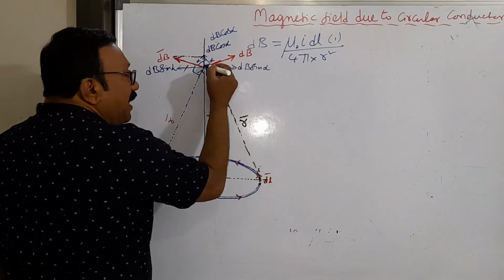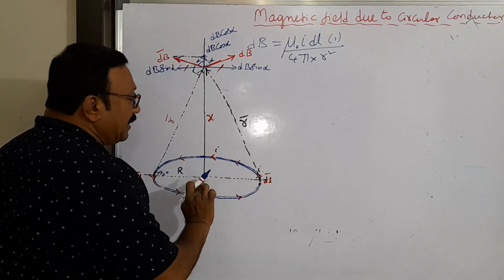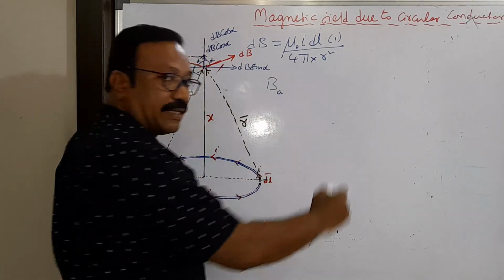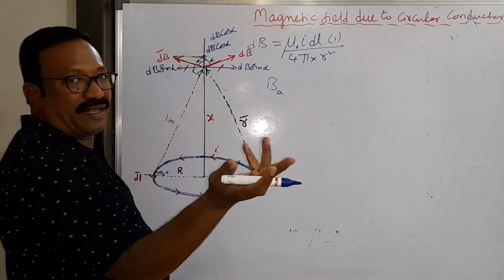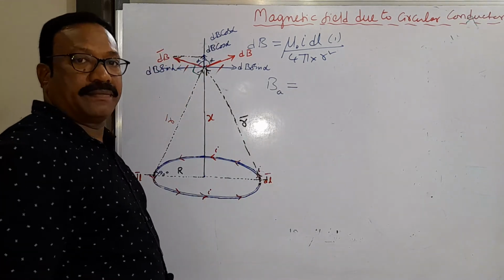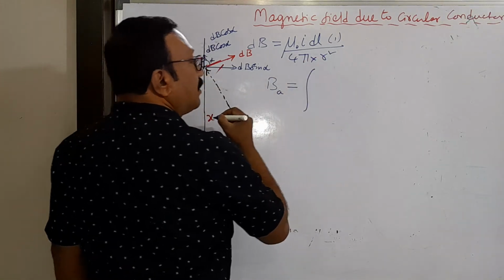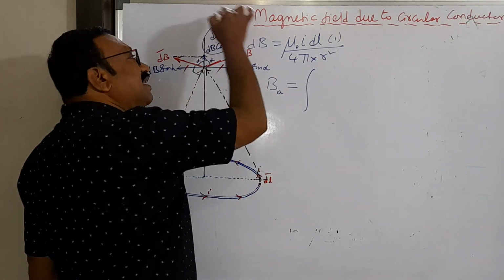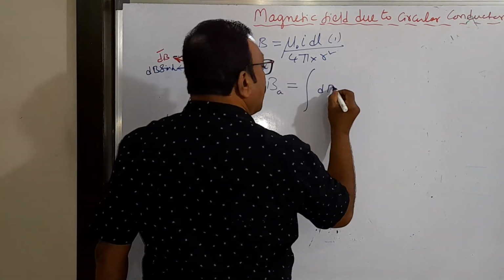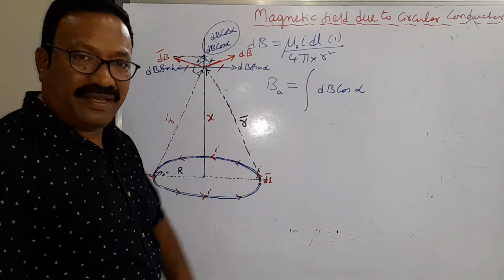So the total magnetic field on the axis of the circular current carrying conductor at a distance x, let it be B axial, because it is acting along the axis already, is given by the integral of dB cos alpha. I substitute dB here and then integrate.